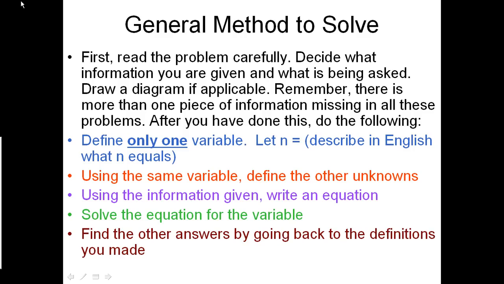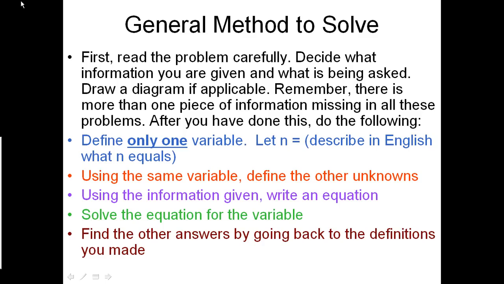Okay, so after you've read the problem carefully and done the initial things, this is what you need to do. You're going to define a variable. You're only defining one variable. It's going to be something like let n equal, and then describe something in English.